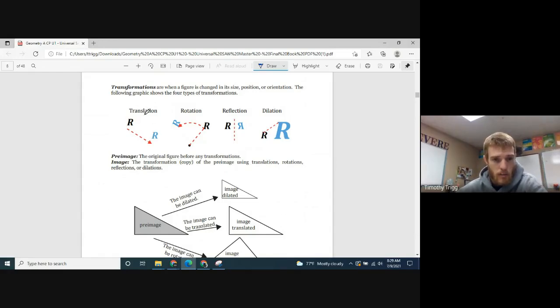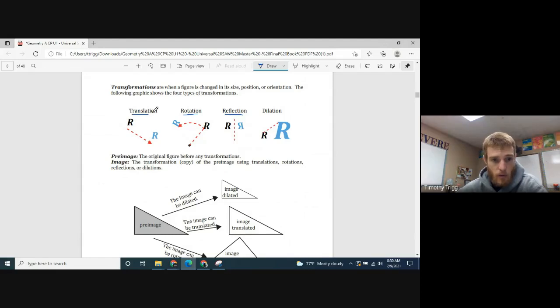So for translation, rotation, reflection, the image and pre-image are all congruent. Well, then these 3 have a special name. They have a special category. They're what we call isometries. Okay, an isometry. And basically, an isometry keeps the same shape, the same size.